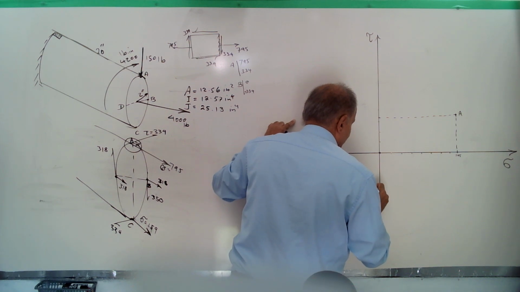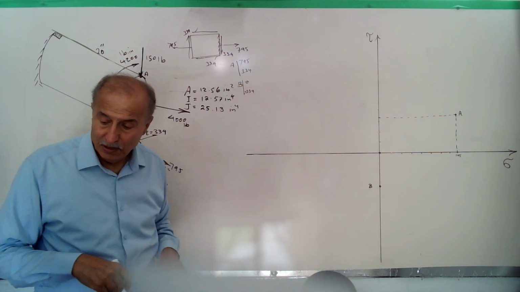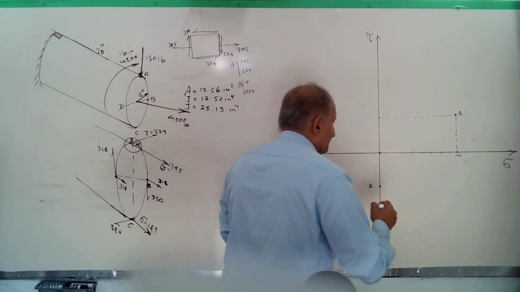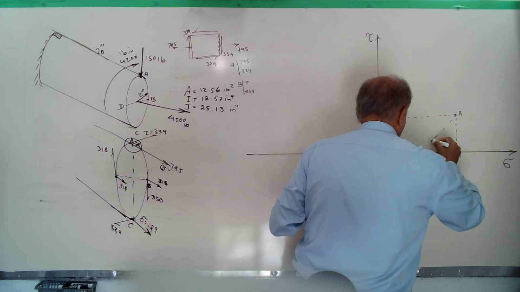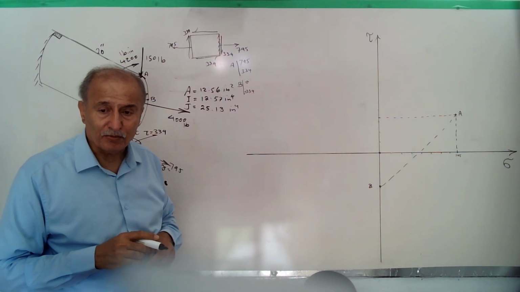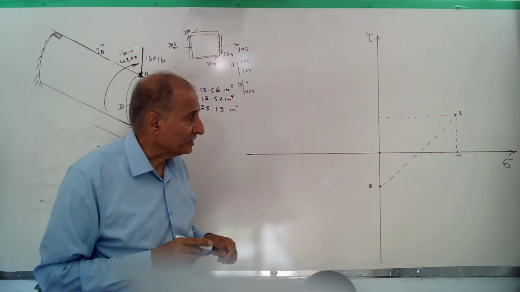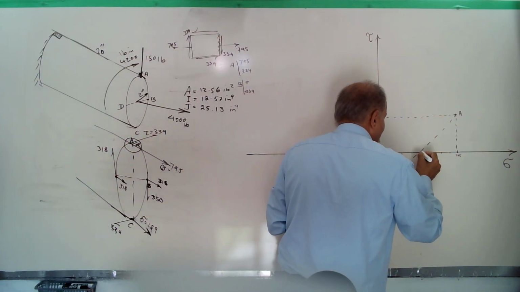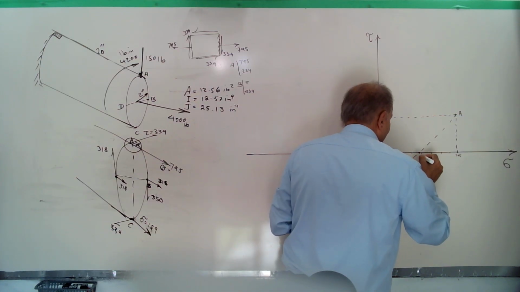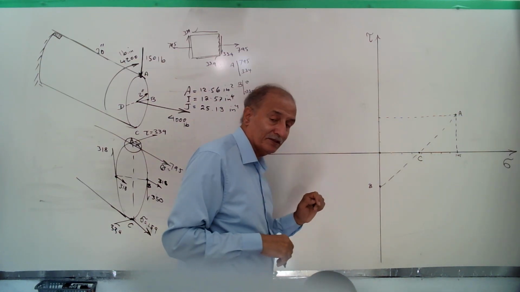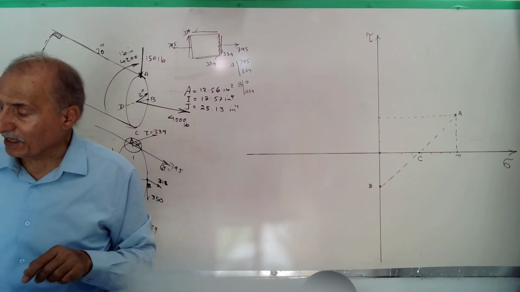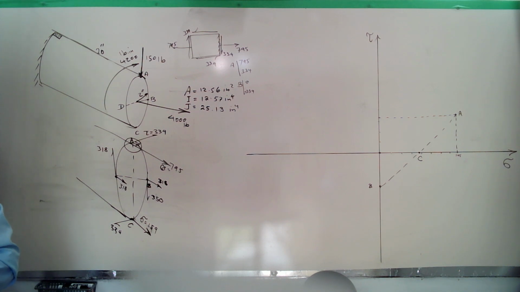This is point B. You must connect these two together. And we have a diameter AB, and the center of Mohr circle is the intersection of the horizontal axis with this diameter line AB, which we call point C. Okay? Then draw the circle, Mohr circle.